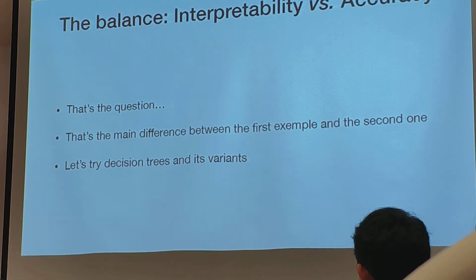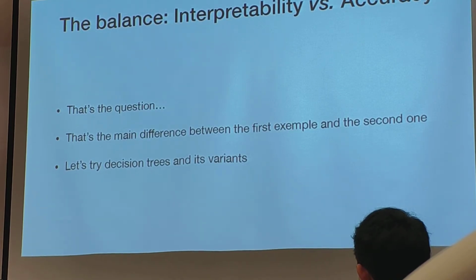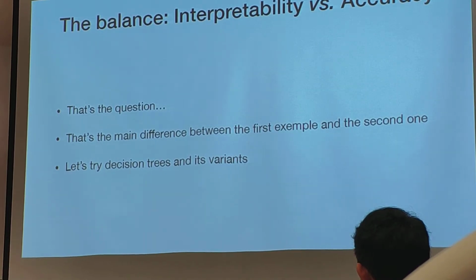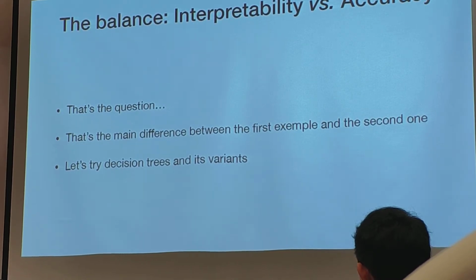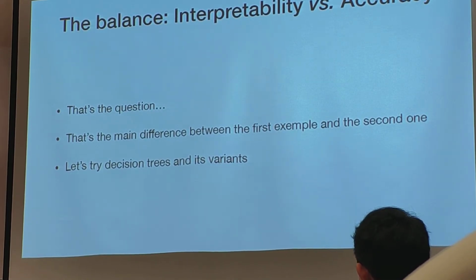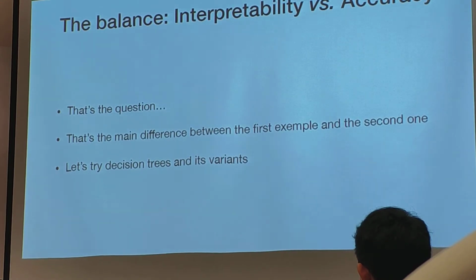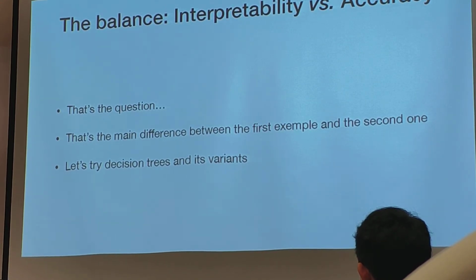But if I have no way to interpret the way I've classified you, maybe it's not going to be useful. I may be very accurate, but if I have no way to check whether my prediction makes sense or not, it's not going to be really helpful.